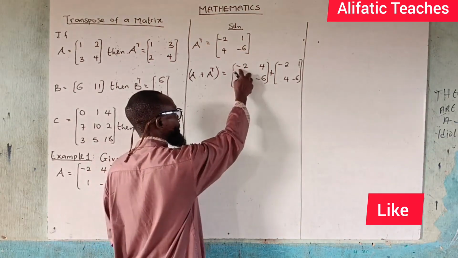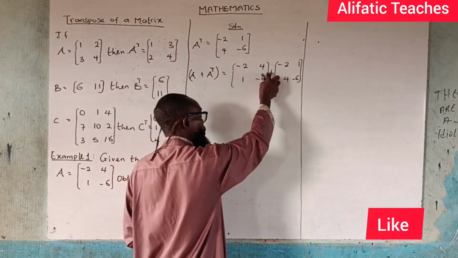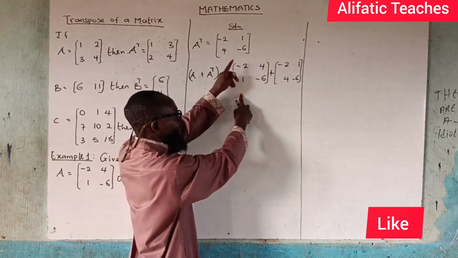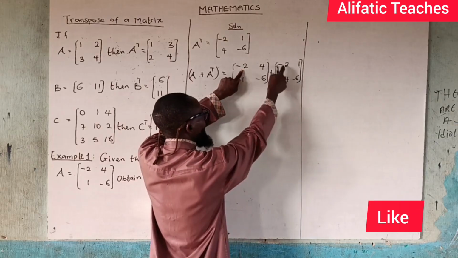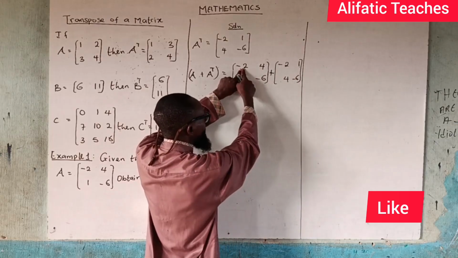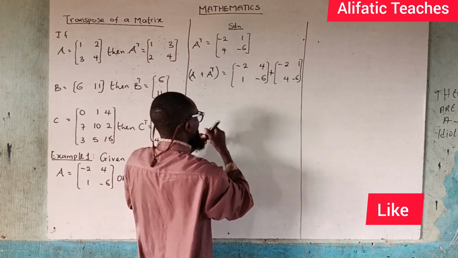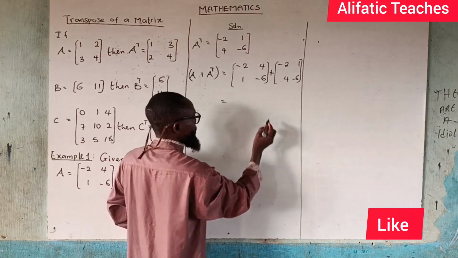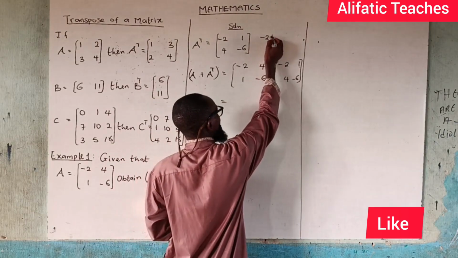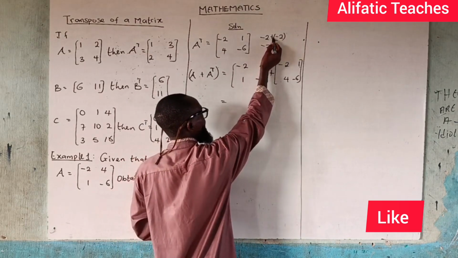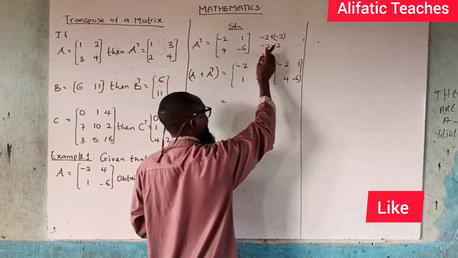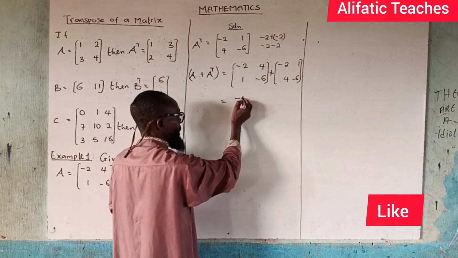First row, second column, minus 2. We add up: minus 2 plus minus 2. In brackets here, I have minus 2 plus minus 2. So minus 2 minus 2, I have minus 4.